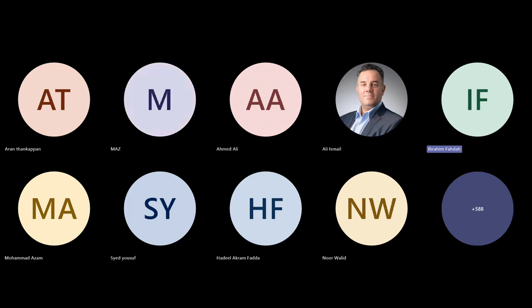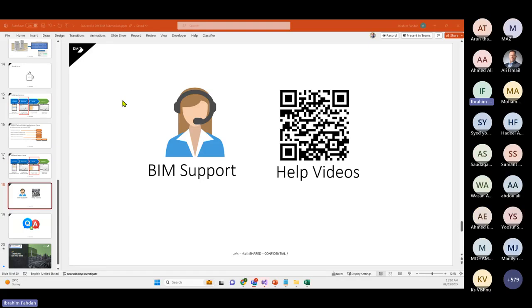Yes, so we're reaching now the end of the workshop. What you saw today are the main highlights, the key things you need to follow to make sure your BIM submission meets the quality expected as per the standard.